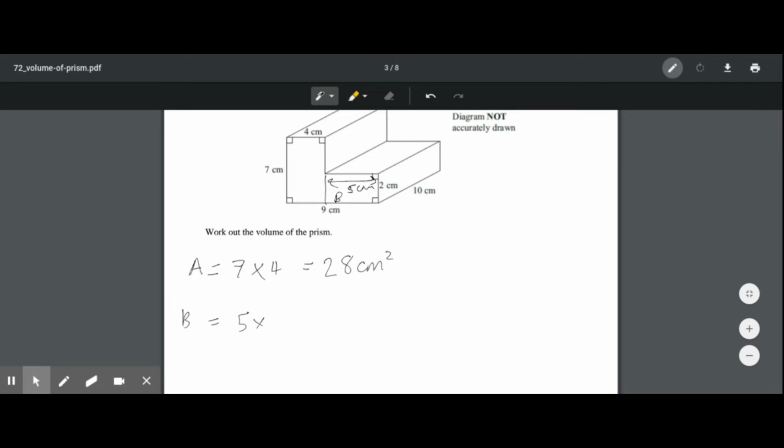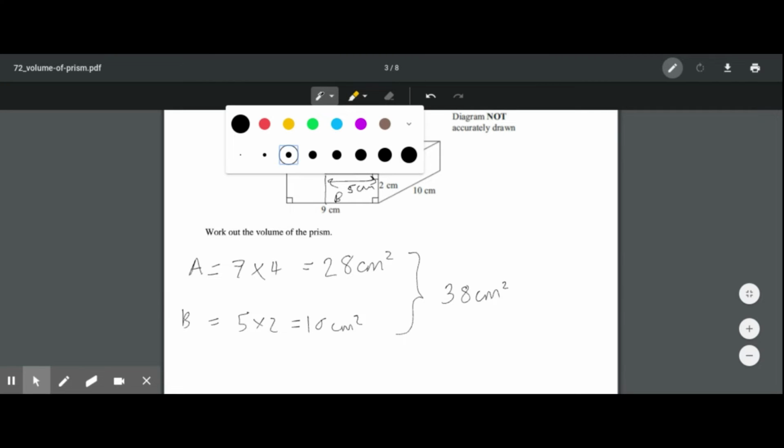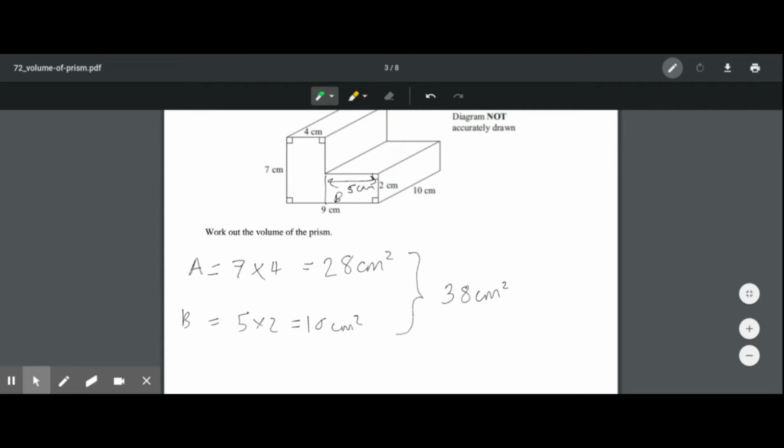Now, all you need to do to get the total cross-sectional area is add these two together and you get 38 centimeters squared. Now for your final part, all you will need to do is calculate the volume. So to find the volume, you times the cross-sectional area with the length.